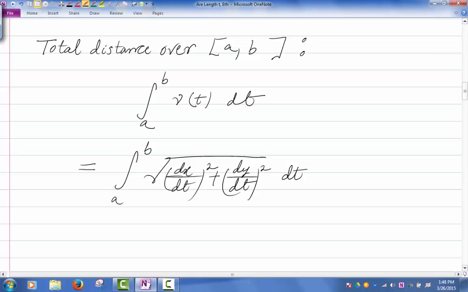A to B. And so the integral from A to B of the root of the derivative of x with respect to t squared plus the derivative of y with respect to t squared, dt. Okay? So if you take the integral of the speed function, you always get the distance.